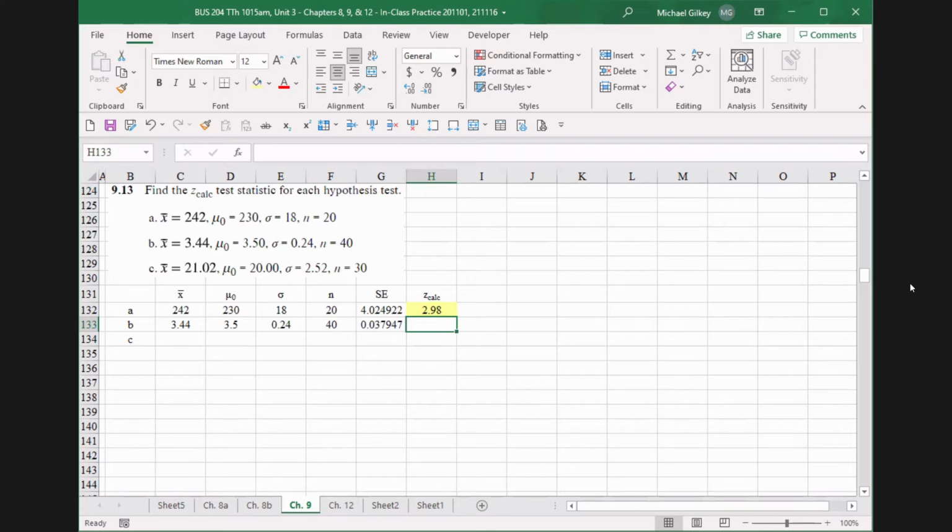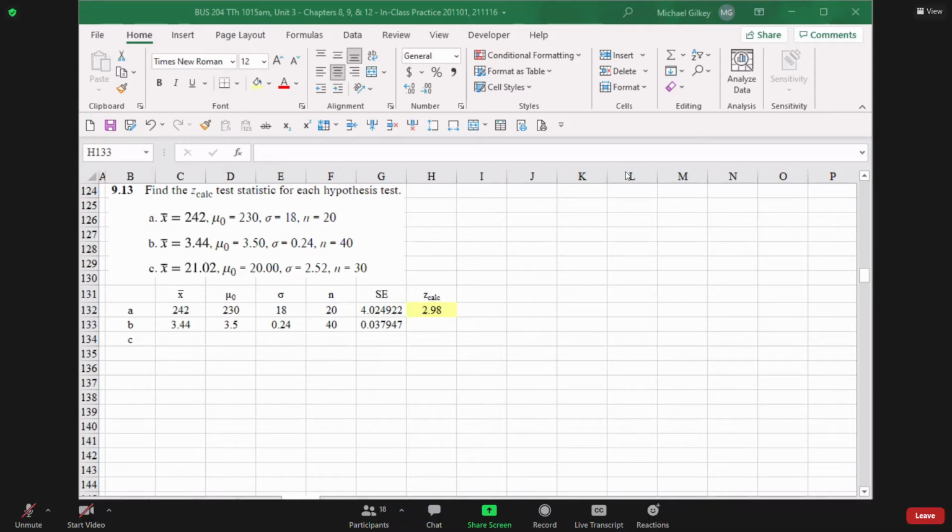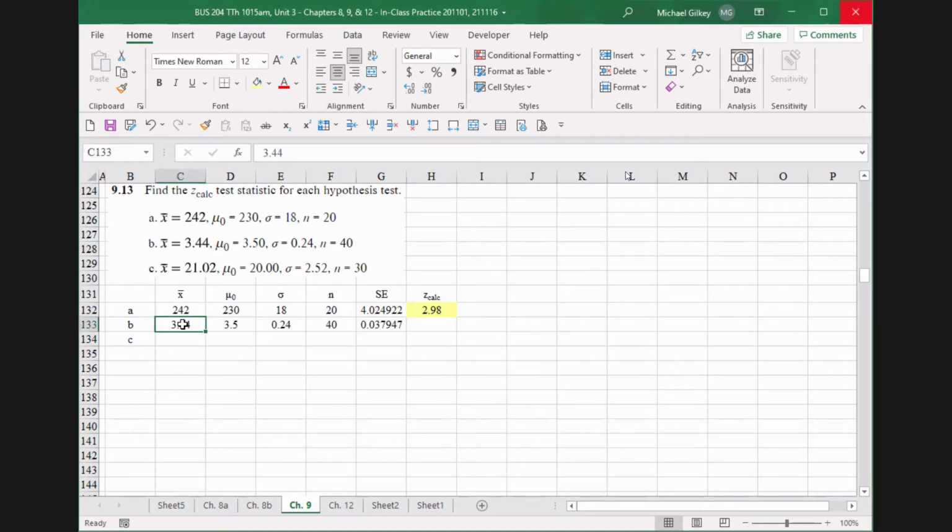That's the x bar minus the, so it's 3.44 minus 3.5. It's going to come out to a negative, and then we divide that by. It's because the value that we're trying to get the z-score for is less than our mean, isn't it? Yeah. Right? And then dividing it by a positive number will just create a negative. Yeah, exactly. Dividing it by a positive number isn't going to change the sign, right?